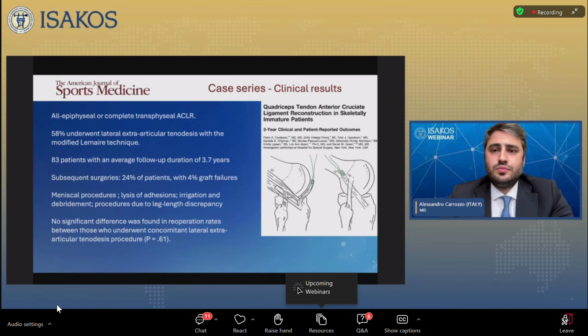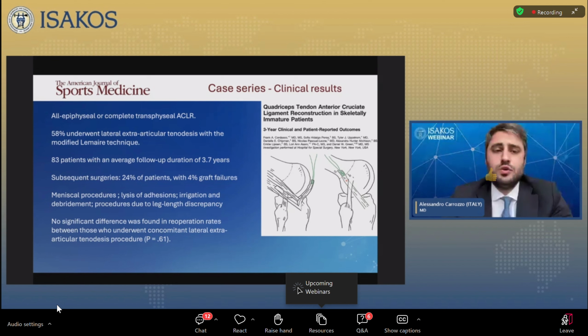And they recently published another study, the same group, reporting clinical results of pediatric patients receiving ACL reconstruction with quad tendon, and they included patients receiving all epiphyseal or full transphyseal ACL reconstruction. And a significant number of patients also underwent concomitant modified Lemaire.